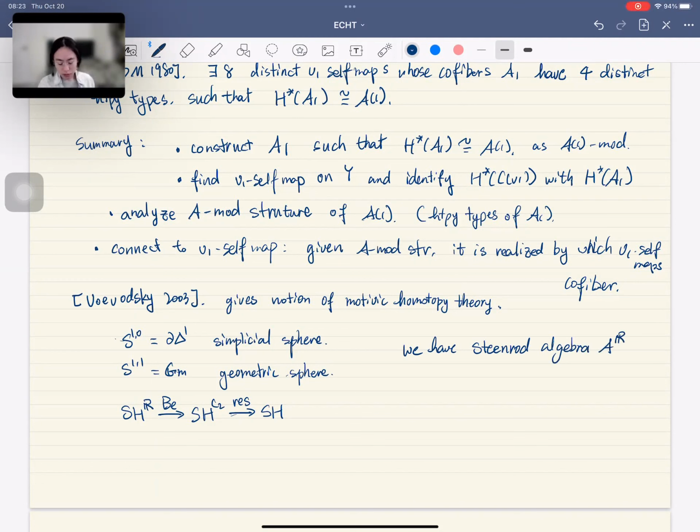So I'll put a superscript R to indicate the R-motivic Steenrod algebra, but it is actually not an algebra. It is a co-algebroid, in the sense that the multiplication is not commutative, so it's not as well behaved as classical.